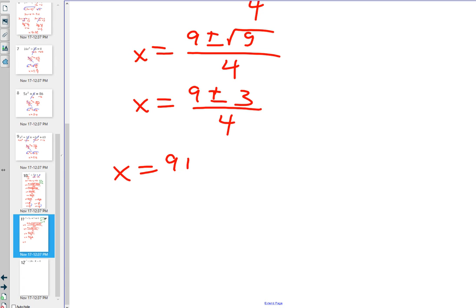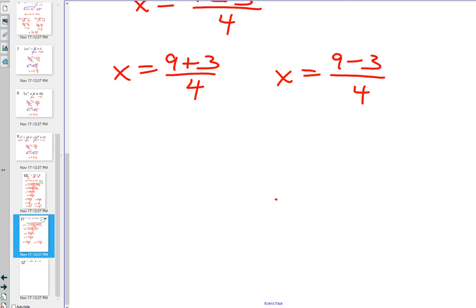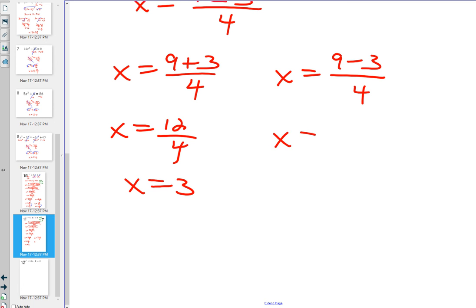So x is 9 plus 3 over 4. X is 9 minus 3 over 4. 9 plus 3 is 12 over 4, which gives me 3. 9 minus 3 is 6 over 4, which gives me 3.